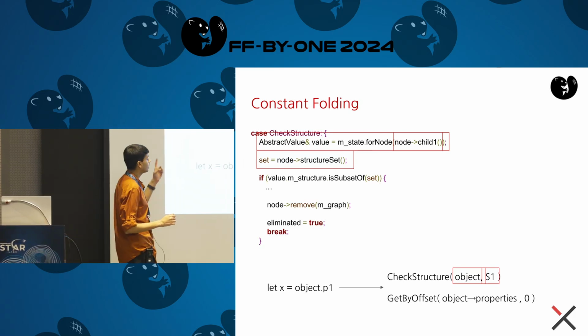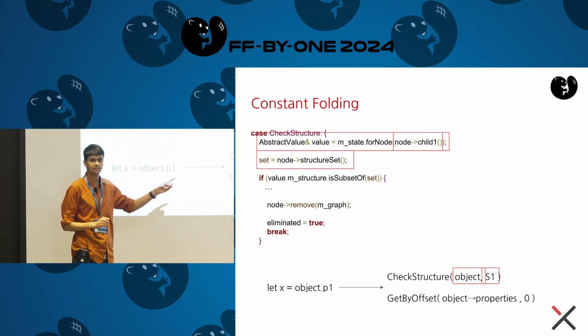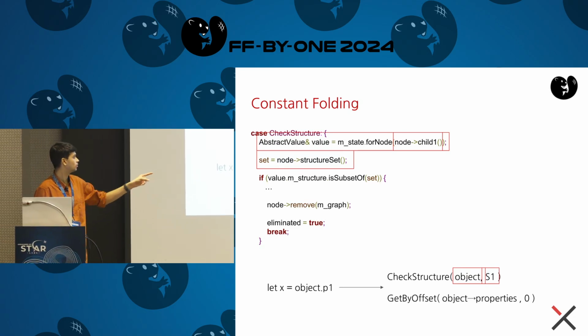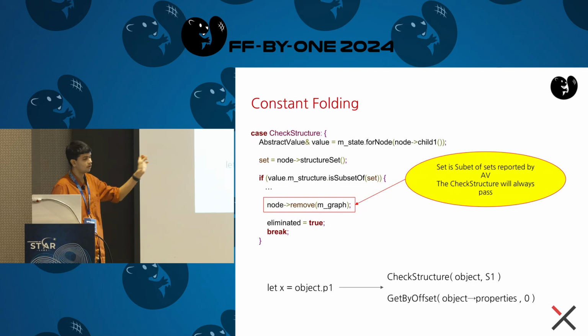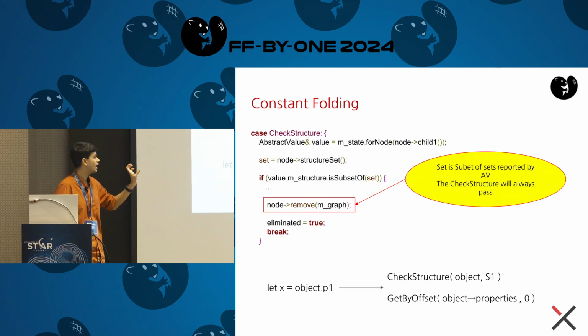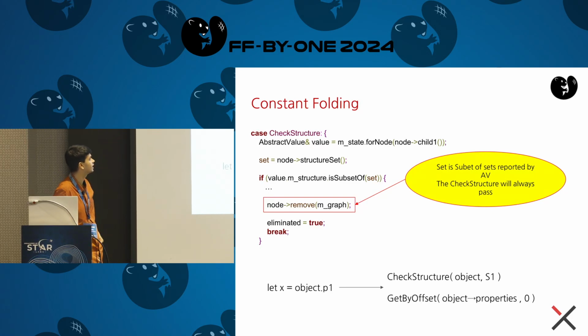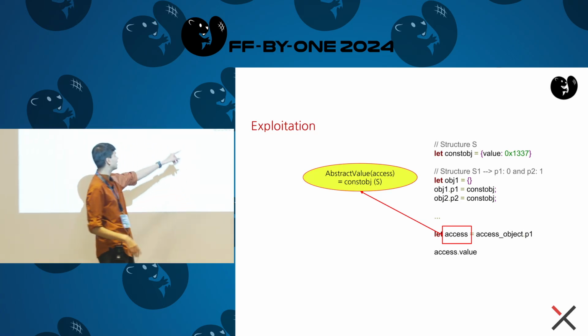Now, if the compiler asks the abstract value, what are the set of structures that object can have, and the abstract value reports to the compiler that object can only have one structure, S1, then this entire check structure can actually be eliminated here.